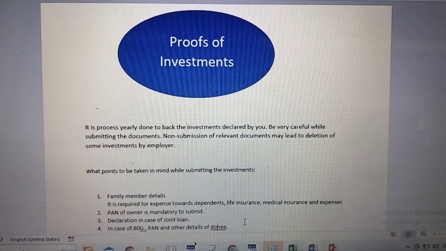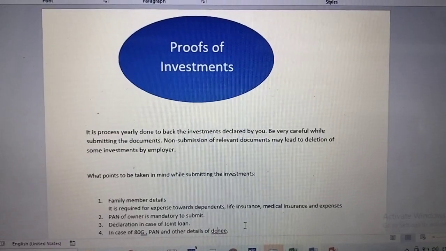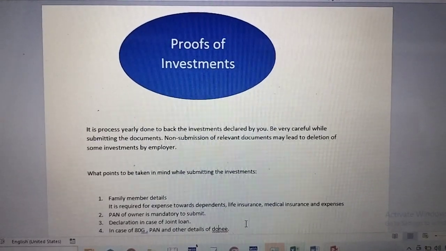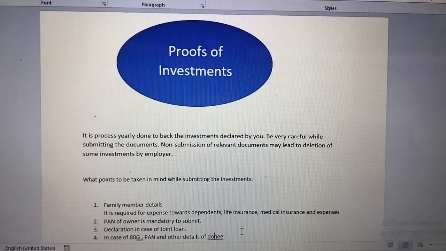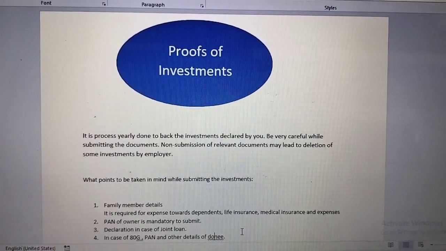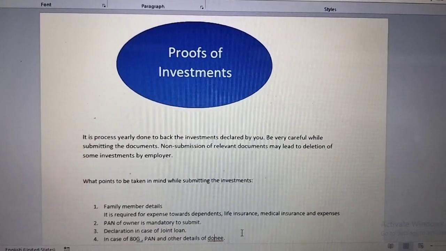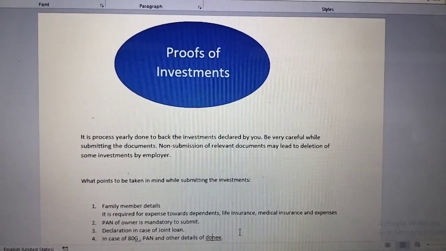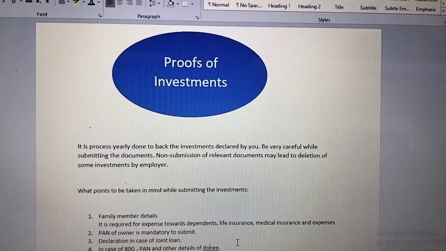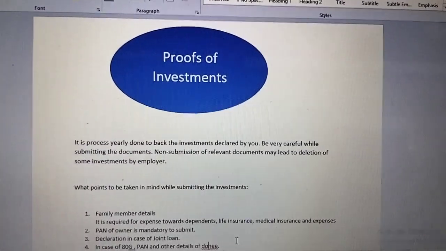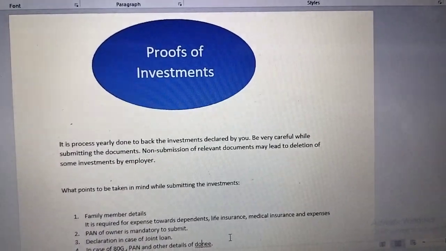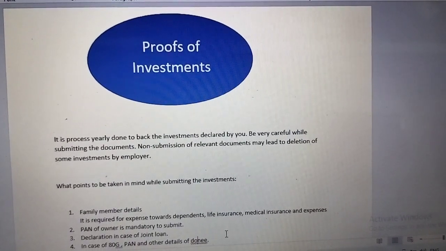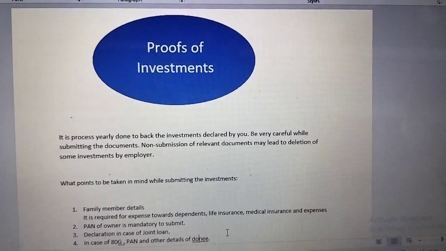At the beginning of the year you make some declarations. You make declarations that you will be investing. For example, at the beginning of the year you decided that you will be investing under PPF, and then for that only you have to submit that document when you get notification from your employer.